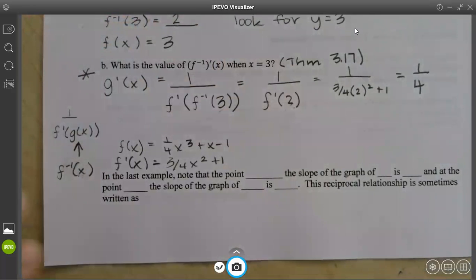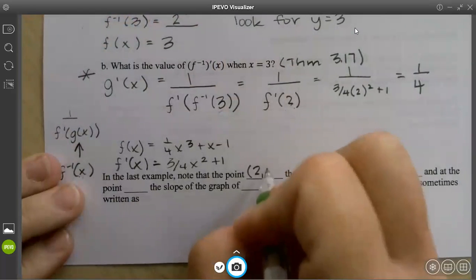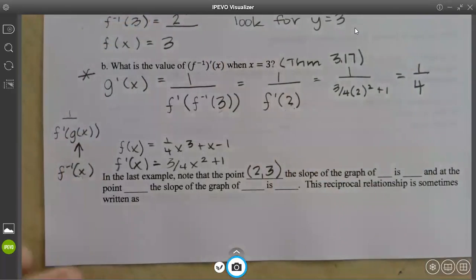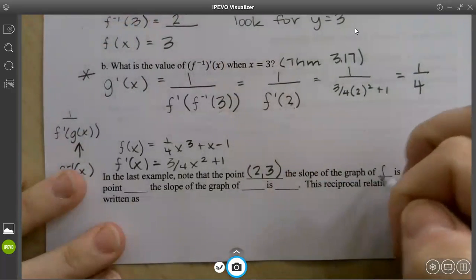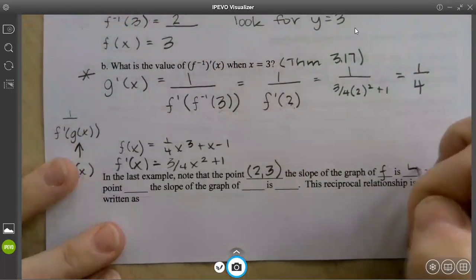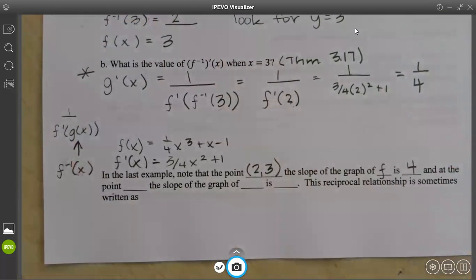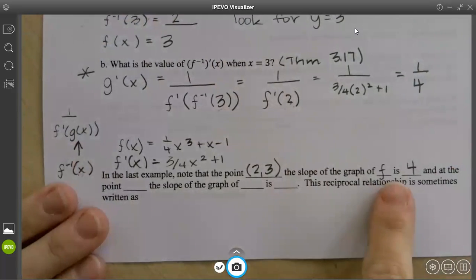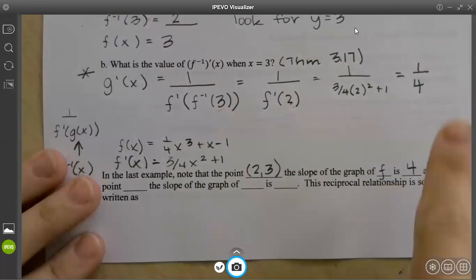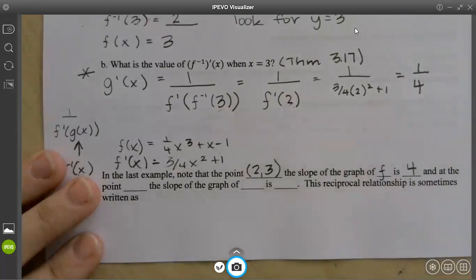In the last example, note that at the point 2, 3, the slope of the graph of f is 4. Let's talk about this for a minute. When we plug in our x into our derivative, we get our slope, right? This one's talking about regular f of x. If this is the inverse, remember we flip it over. Okay, so that's why it's 4 and not 1/4.